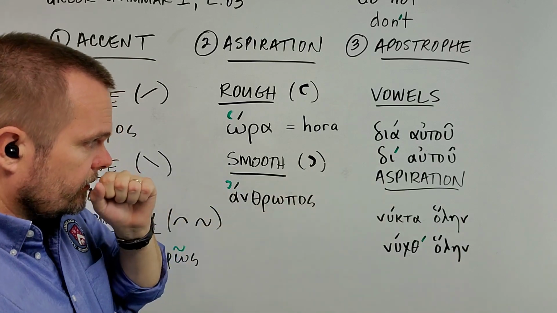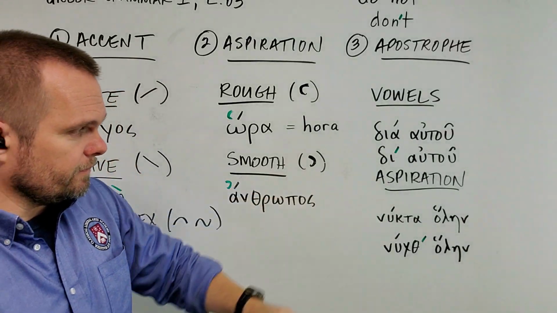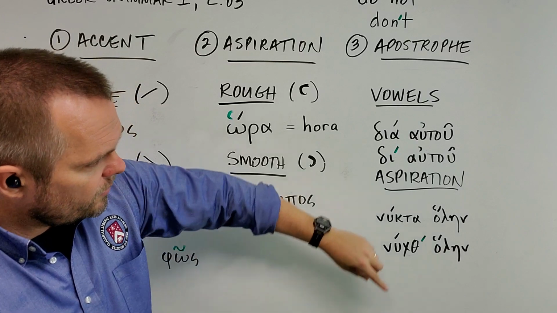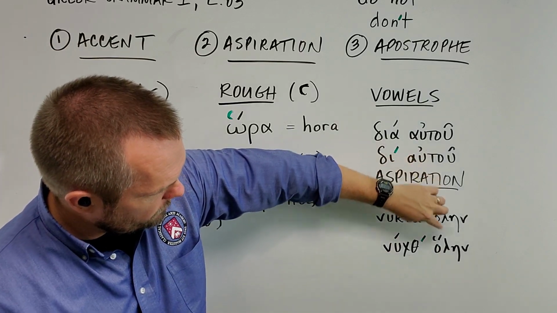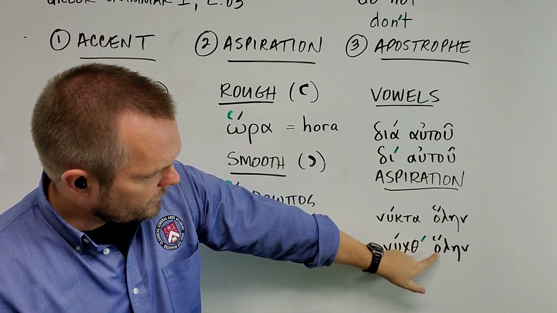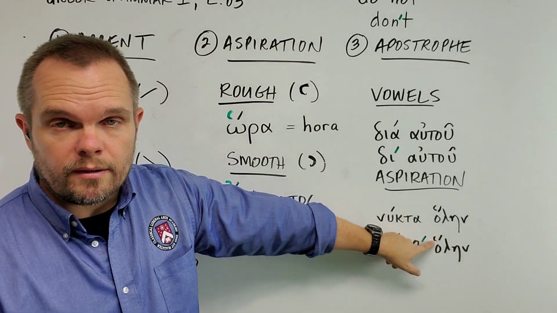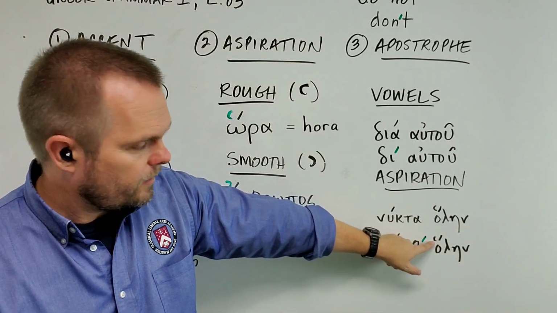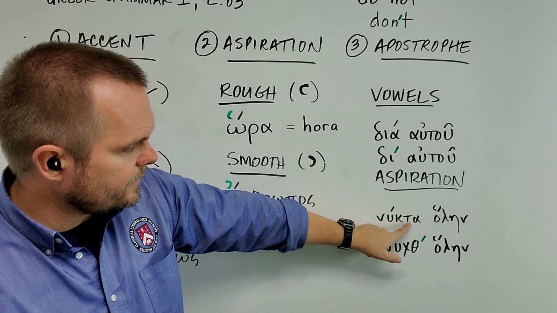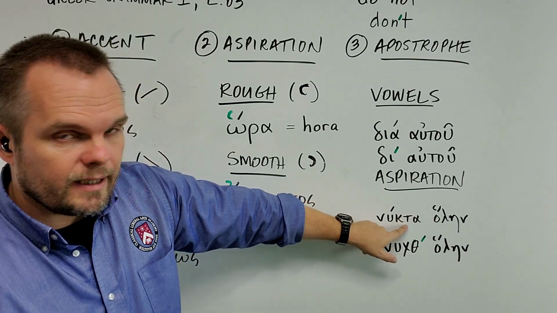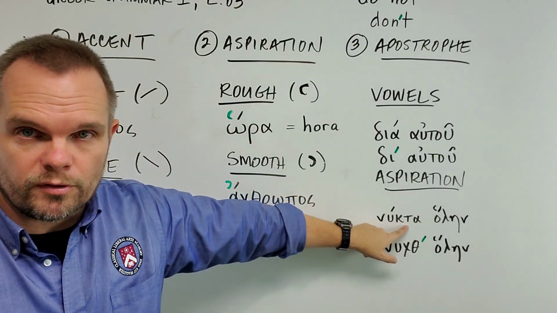The second kind of aspiration is caused when the second word begins with rough breathing or has aspiration, and it affects the last consonants of the first word.